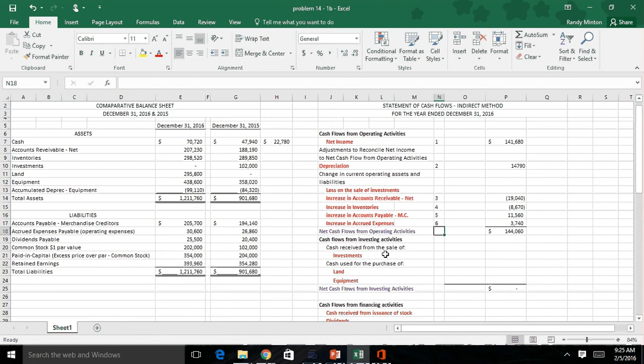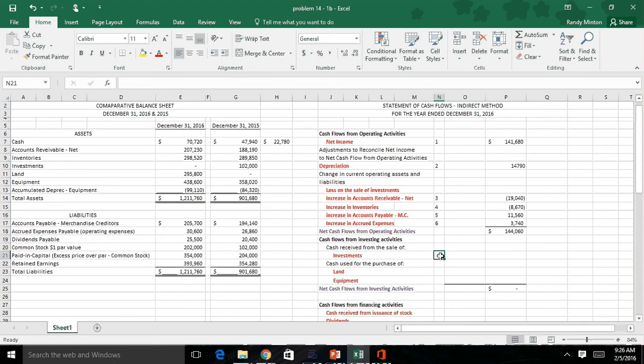All right. So now I got to be kind of careful, because if I look back on my additional data, I see that the investments were sold for $91,800 in cash. Well, I have to put that number here.